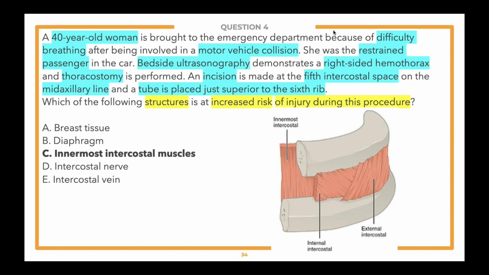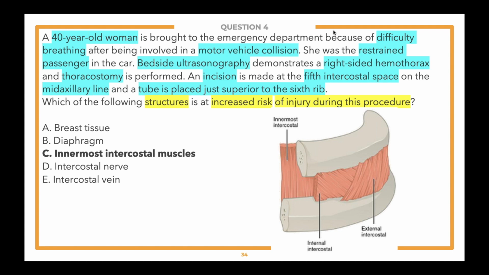However, in this patient, the tube is being placed just over the superior edge of the rib, so we're avoiding that potential damage. Once again, the intercostal nerves lie just under the inferior edge of each rib, but as they told us in this question, the tube is being placed superior to the rib. So we're actually avoiding injury to that intercostal nerve.